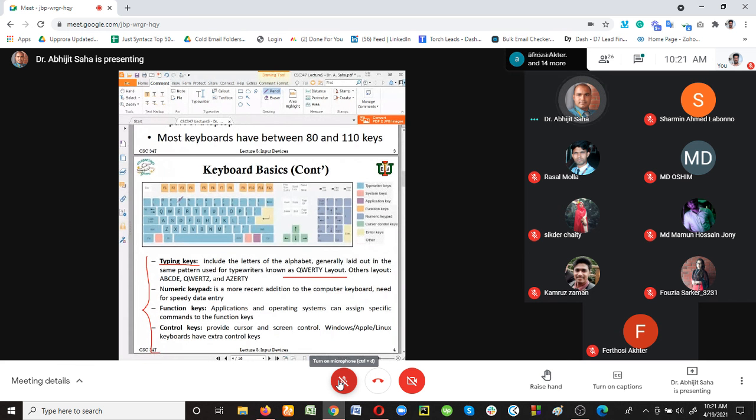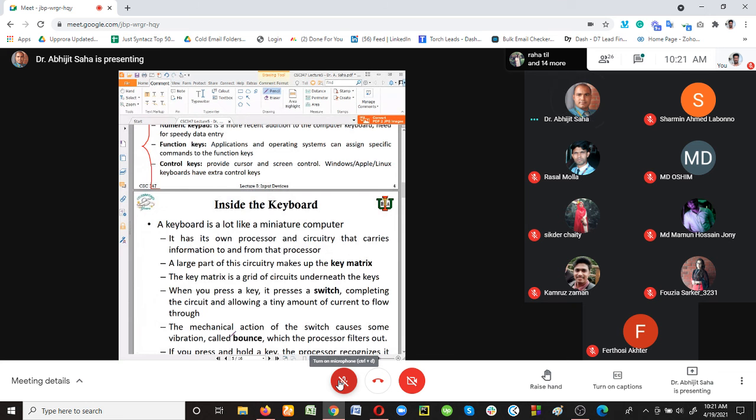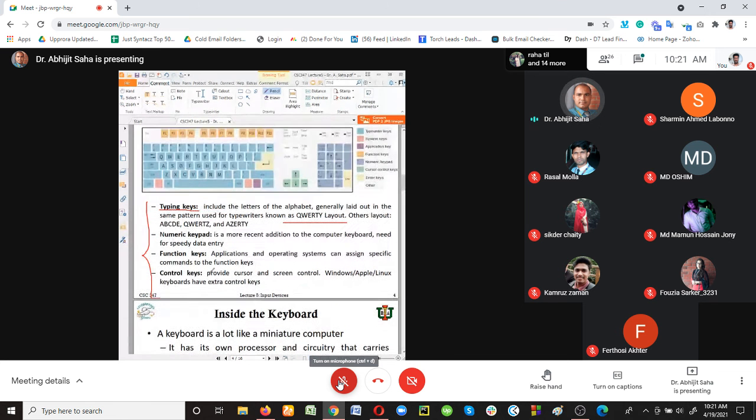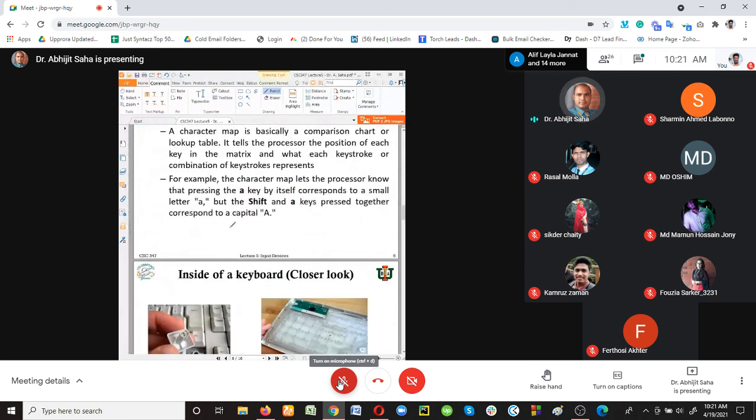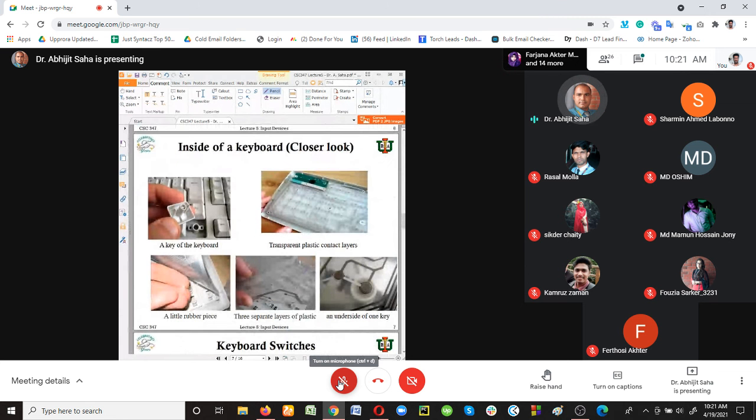For each set of keys you should know the functions of these different types of keys, and what is inside a keyboard, what components there are inside a keyboard.